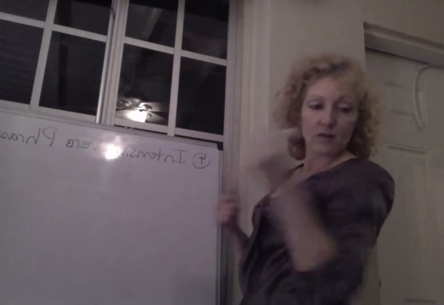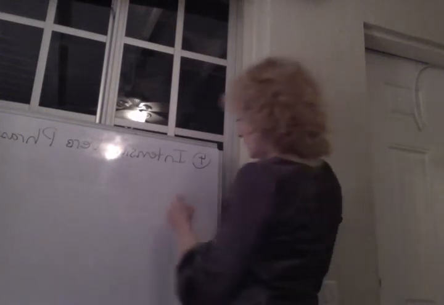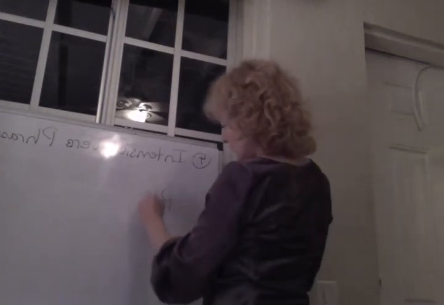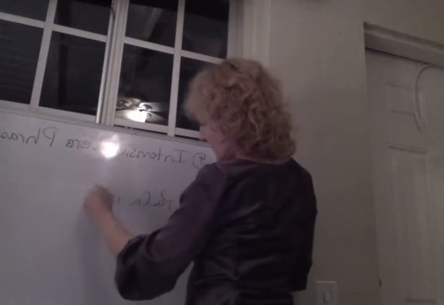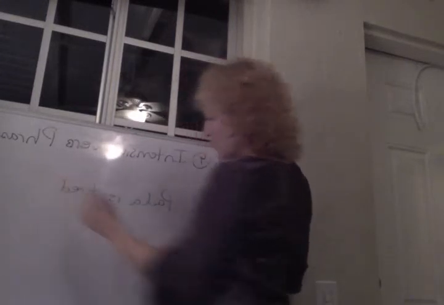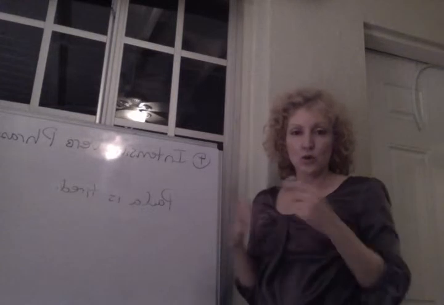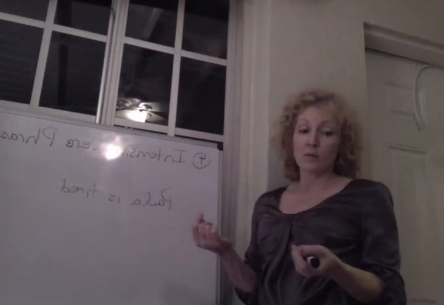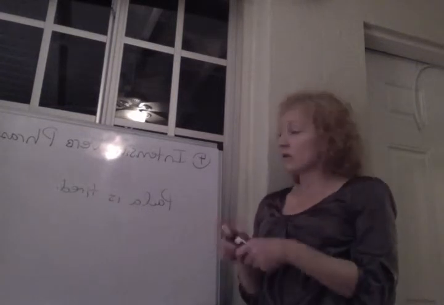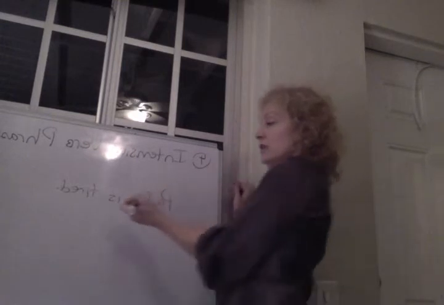What if you have something like, Paula is tired. Paula is tired. So who are we talking about? We're talking about Paula. What are we saying about her? We're saying that she is tired.